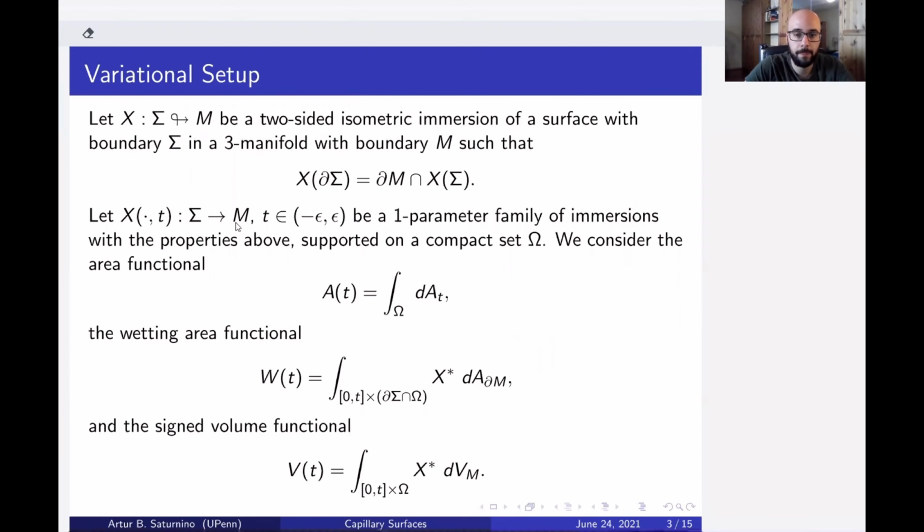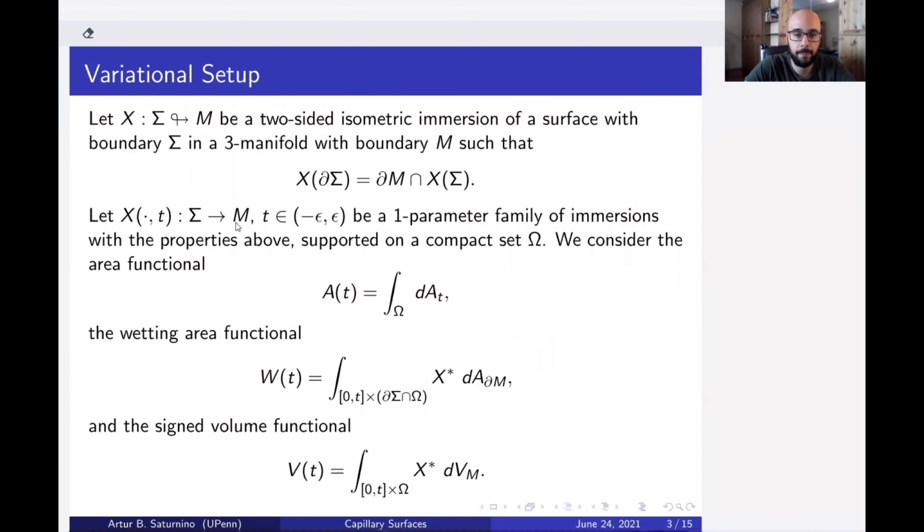A capillary surface is then defined as a critical point of this energy for volume preserving variations. That is, for variations where this first derivative of volume is 0. So this means that this quantity on the right has to be 0 whenever this here is 0.